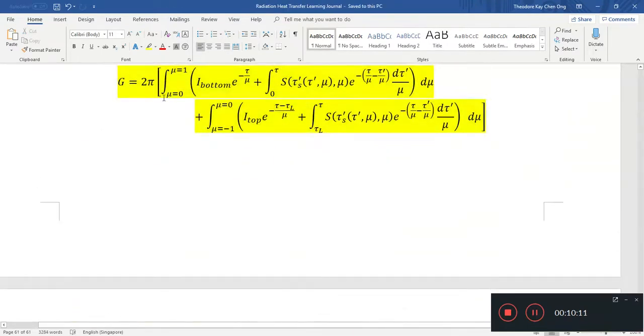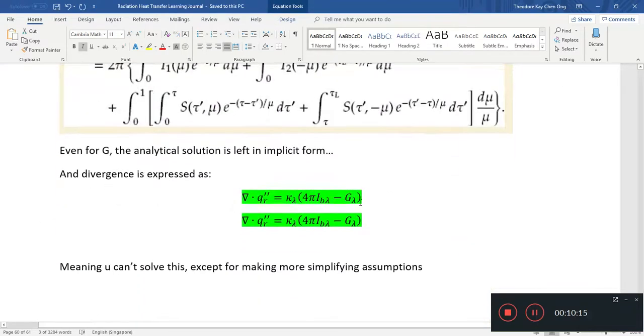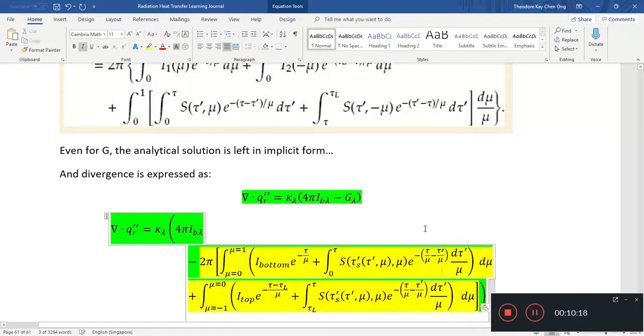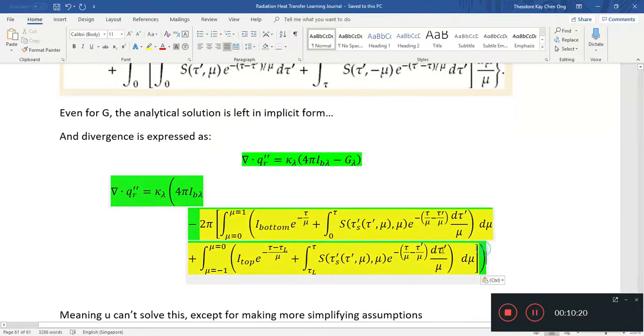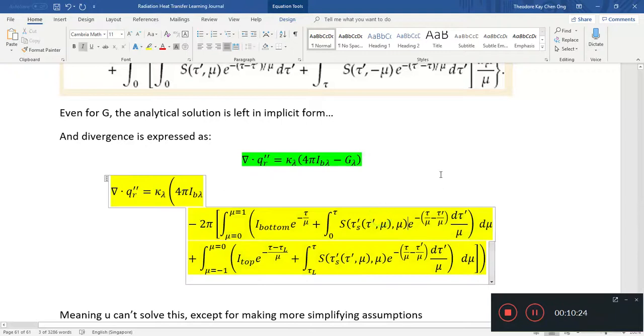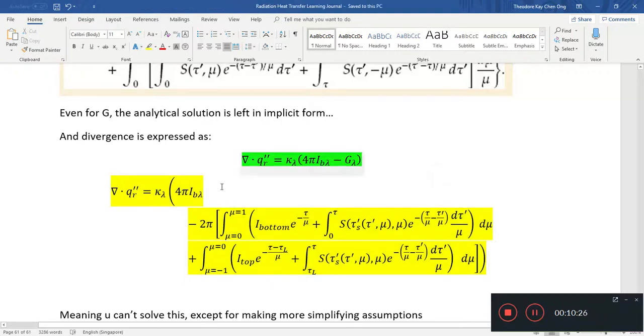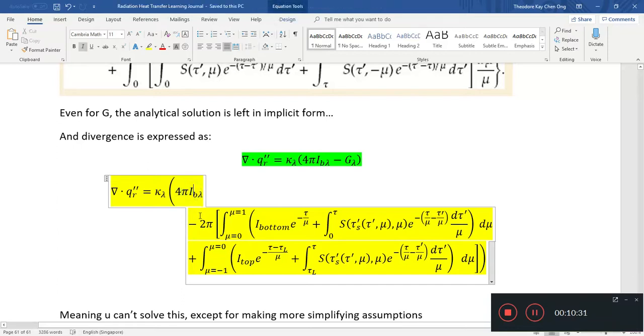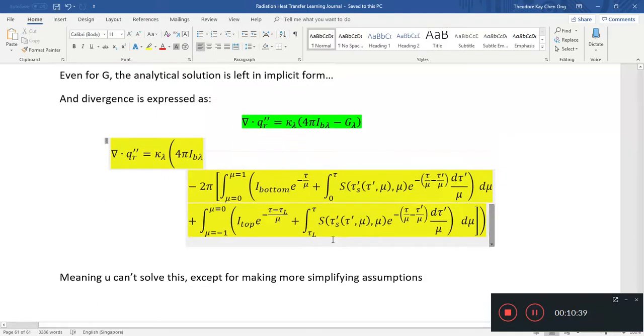We will just have everything here pasted here. I'll just highlight that. So again, we have the black body term, which is over here, and the incident radiation function, which is over here. This whole thing here is G, and that is what your divergence of heat flux actually looks like.